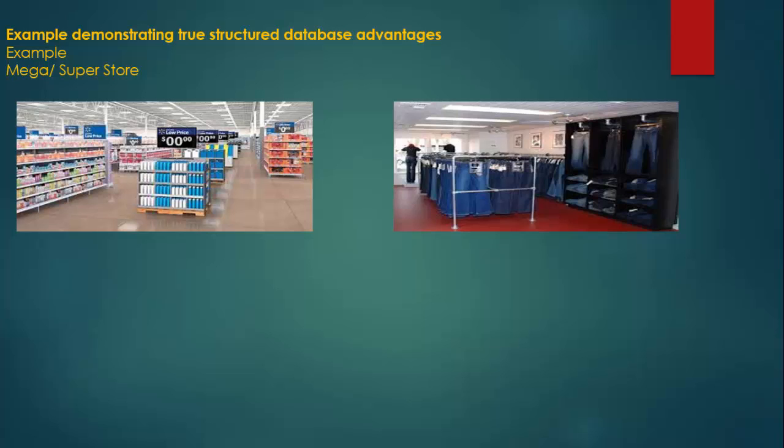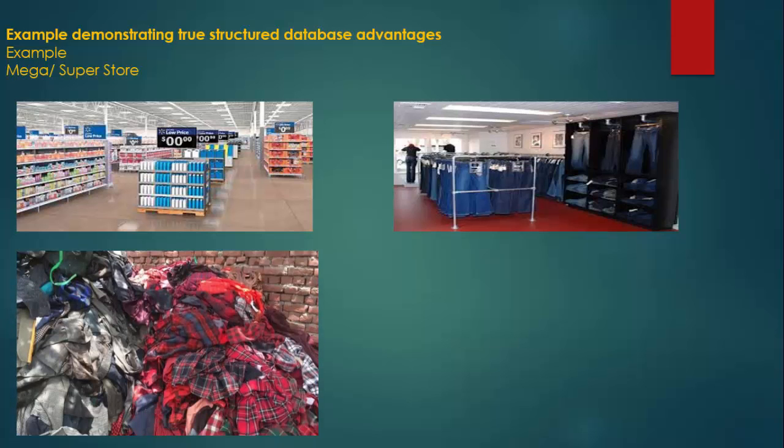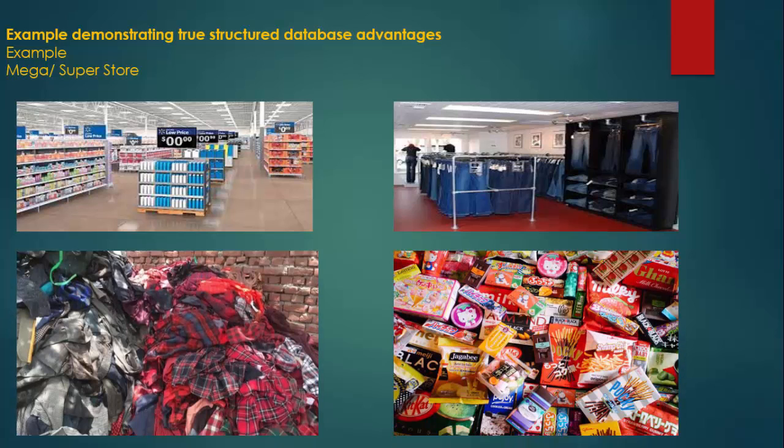And then we put all of the inventory back in just piles on the floor. So it might look something like this. We'd have maybe piles of clothes, piles of food, piles of back-to-school supplies, whatever it might be. But we would literally have unlabeled piles right back in the store.